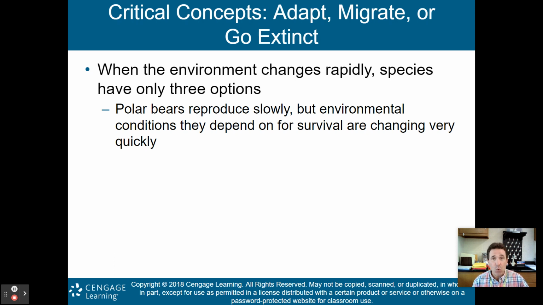And unfortunately, that's what we're seeing on planet Earth right now, as humans are changing the planet and the environment so quickly that many of our organisms are not able to adapt or migrate, and that's why we believe we are in the sixth mass extinction currently.